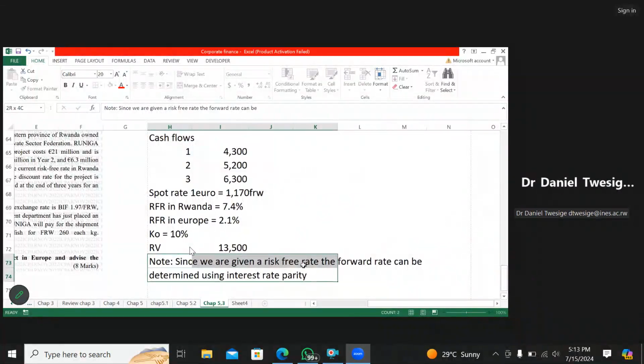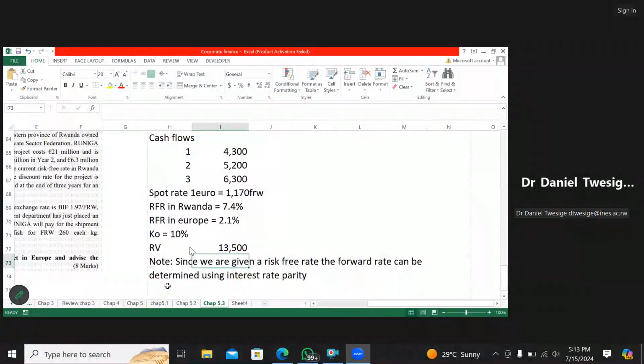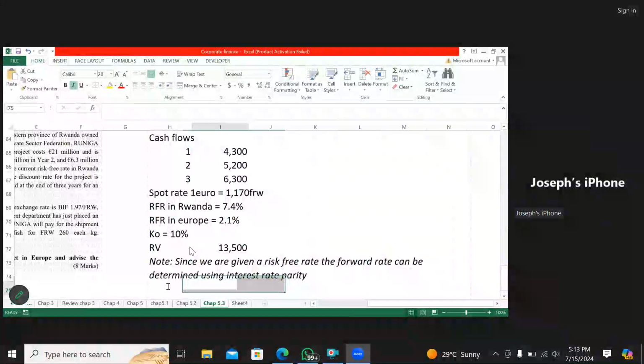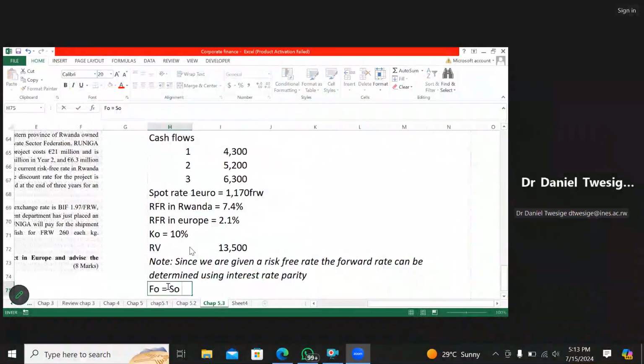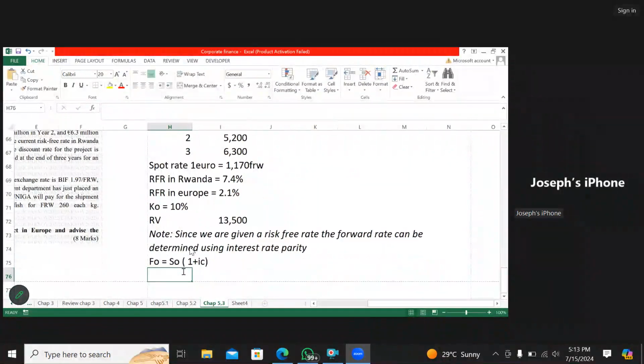So since you have this, you have to use an interest rate parity to determine your forward rate. It means in this case, our forward rate will be equal to our spot rate times (1 + IC) over (1 + IB).